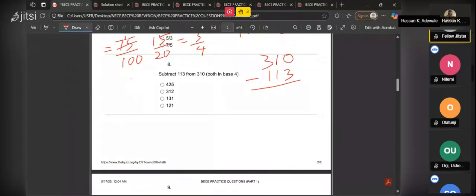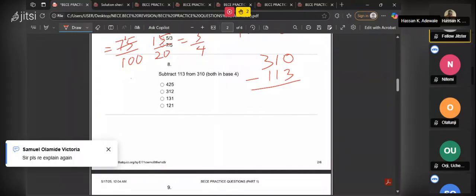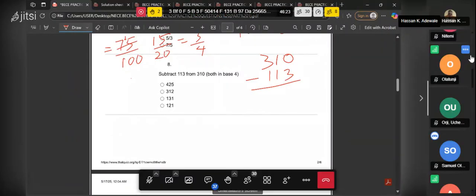If you want to remove, we can't remove 3 from 0. It's not possible because 0 is nothing. So we have to take from the next 1 before it. We are in base 4. Take note of that.